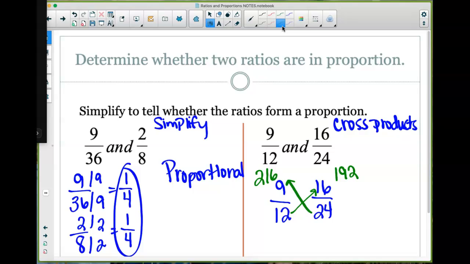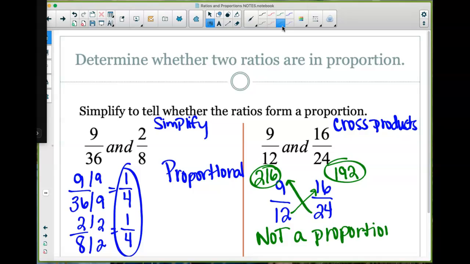Now, if the cross products are equal, then it's proportional. If they're not equal, then it's not proportional. So in this case, we get two completely different numbers, so it's not a proportion. Okay?